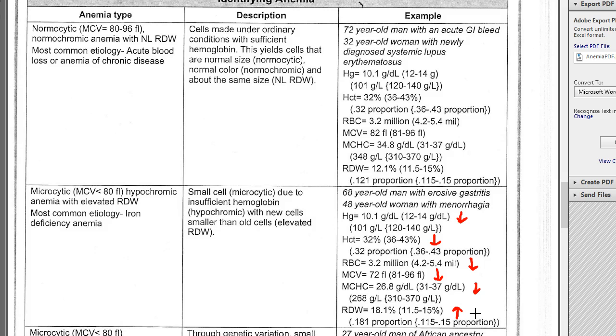Again, so what do we do? We replace that iron. We have several different forms. We have oral forms, we have IV forms. You guys are all familiar with this. I've probably given this already in your various settings where you practice and where you work.